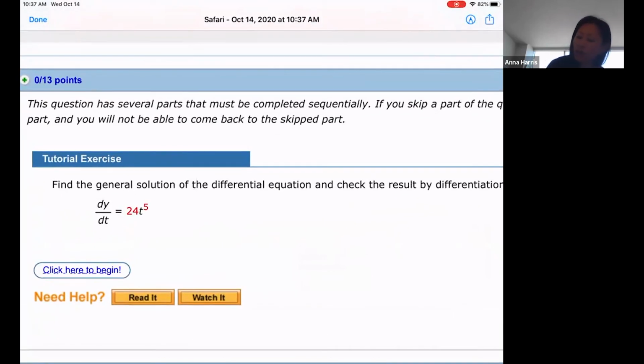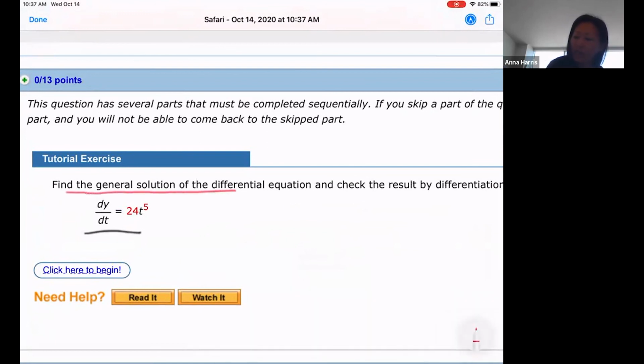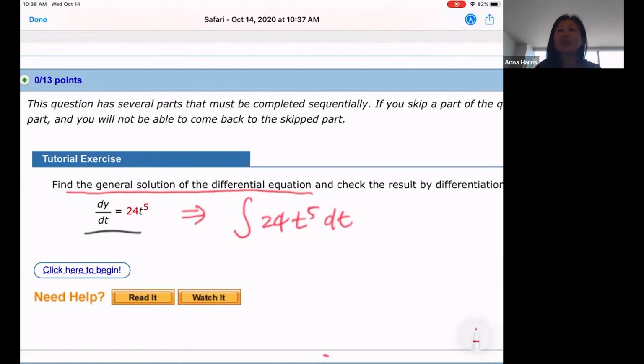In other words, they gave you this function, and they're asking you to find the general solution of it. Find a general solution of a differential equation. So this really means the same as taking the antiderivative of 24 t to the fifth dt. That's what they're asking you to do.